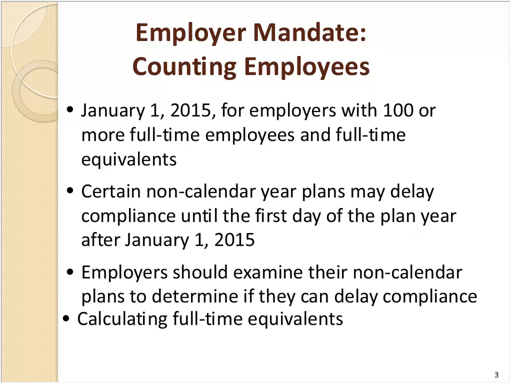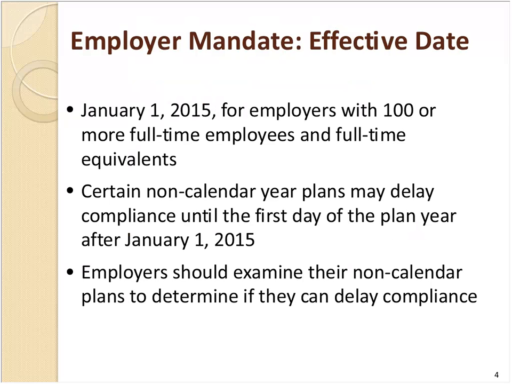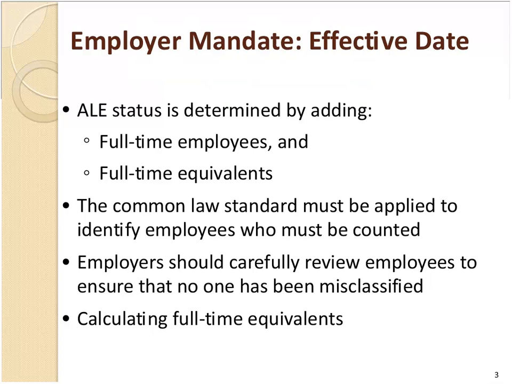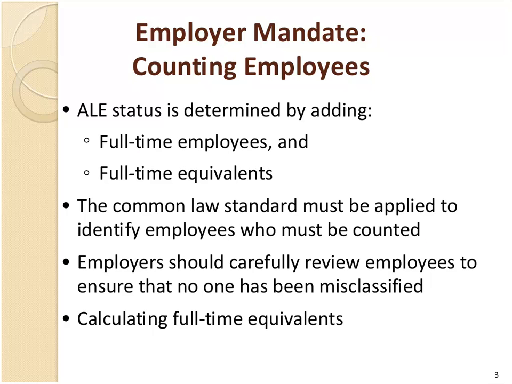Okay, you're going to calculate the full-time equivalents. To calculate the full-time equivalents, you will take the people who are not full-time employees, and you will total all the hours that they have, but not more than 120 hours for a person.